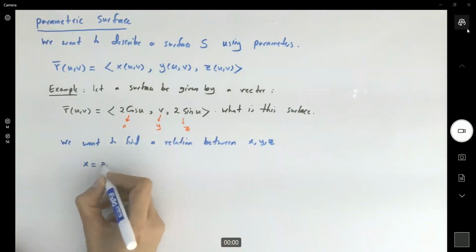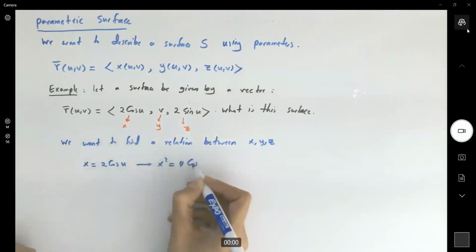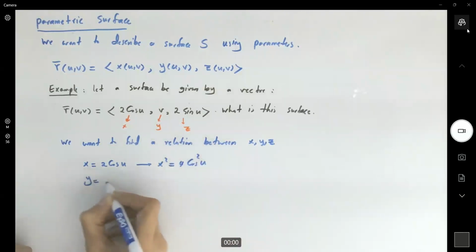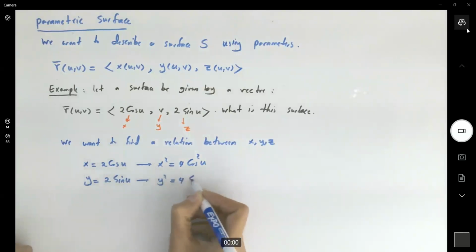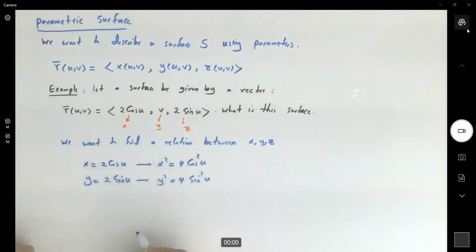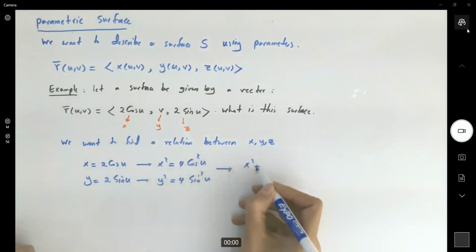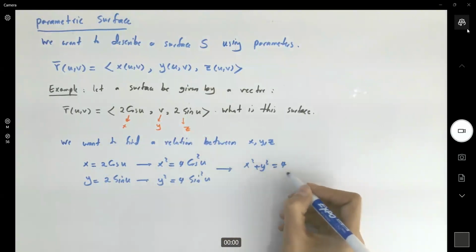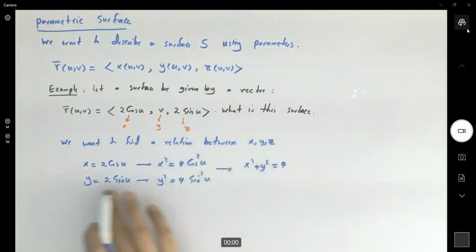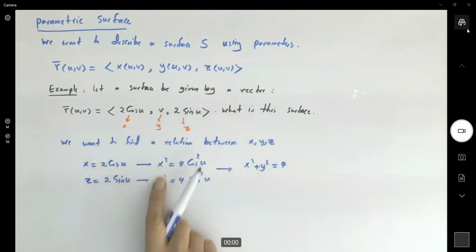X is equal to 2 cosine U, so X squared is 4 cosine squared of U. My Z is 2 sine U, and my Z squared is 4 sine squared U. Well, if I add these together, X squared plus Z squared becomes 4.